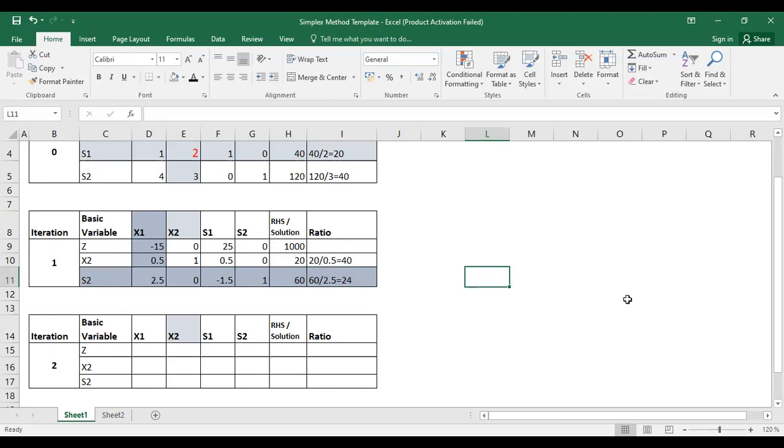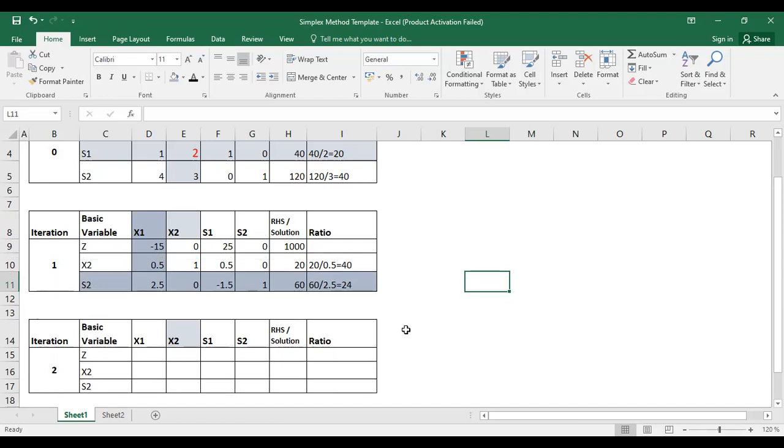You said the smallest positive ratio value. Okay, I didn't add ratio, sorry. So we know 24 is the smallest, and so S2 is our new pivot row.